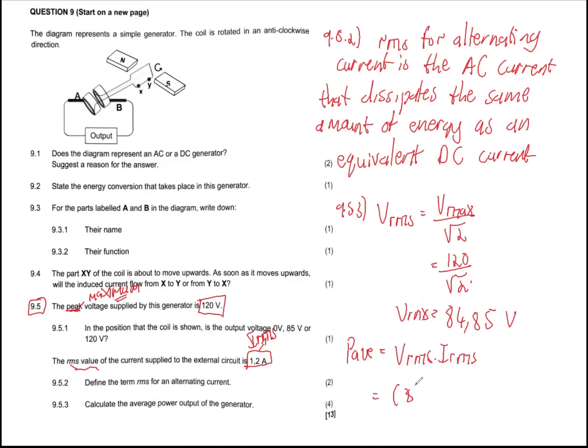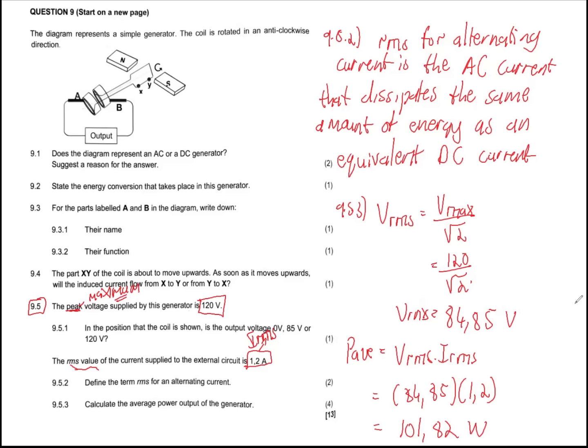So this is 84.85 multiplied by the 1.2, and that gives us 101.82 watts, right? So do not forget the SI unit for power. And just like that, you would have scored yourself 4 marks. Not a very difficult question. That's what you needed to do there.